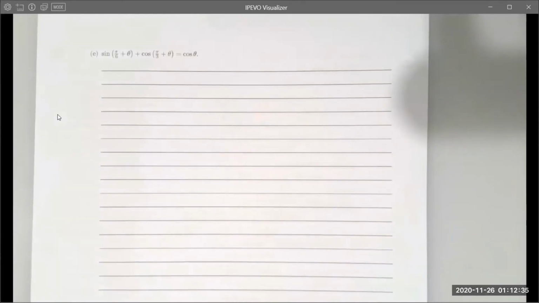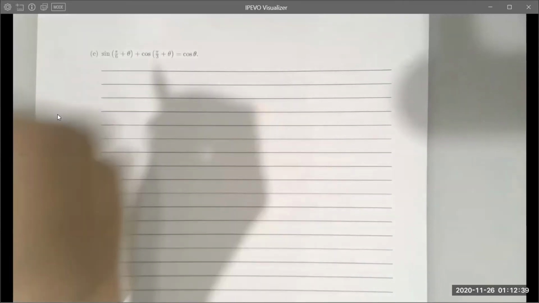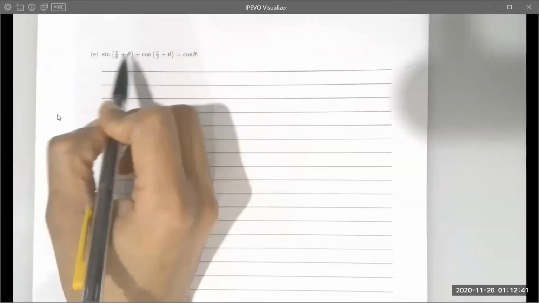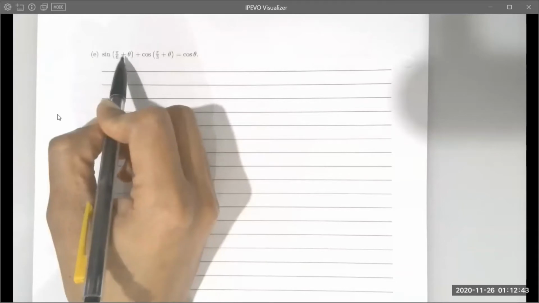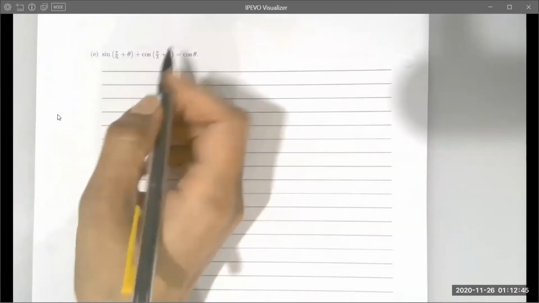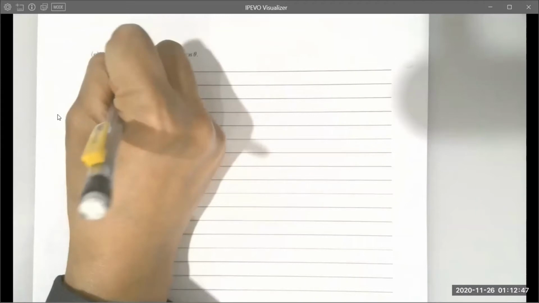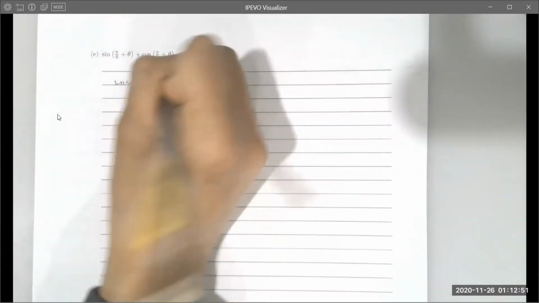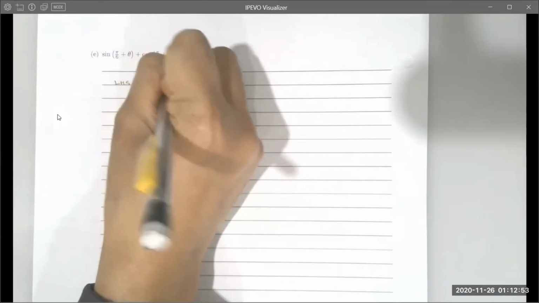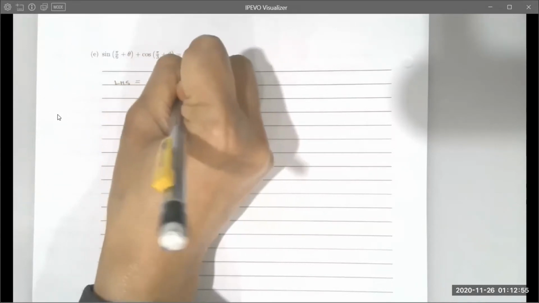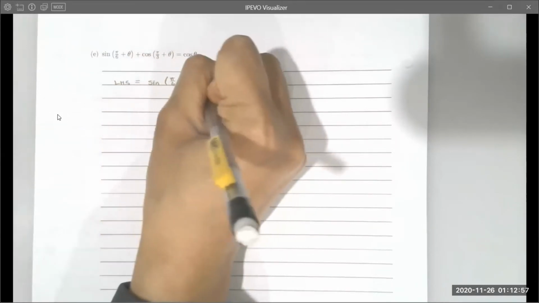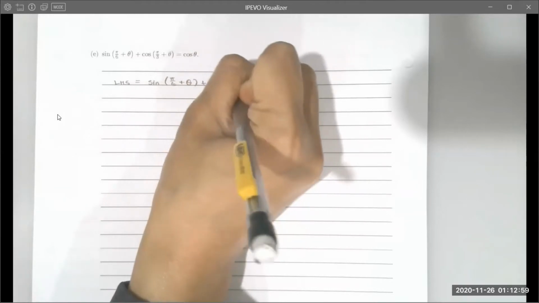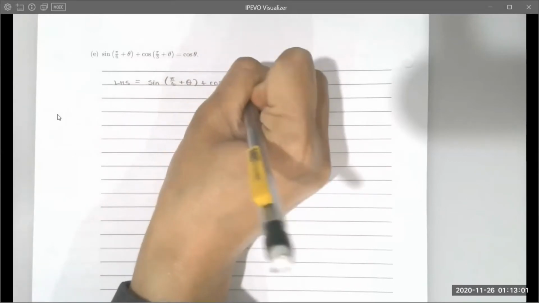All right, so again, in this case, the left-hand side gives us the most to work with because we have two terms and we have the sum of angles for both sine and cosine. That gives us the opportunity to use some of these sum formulas. So we'll start at the left-hand side, sine pi over 6 plus theta plus cosine pi over 3 plus theta.